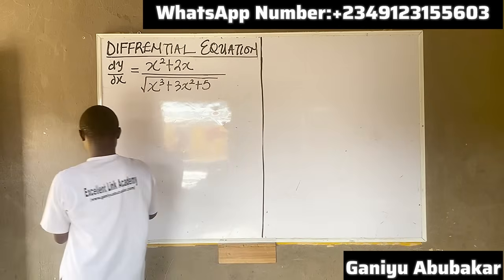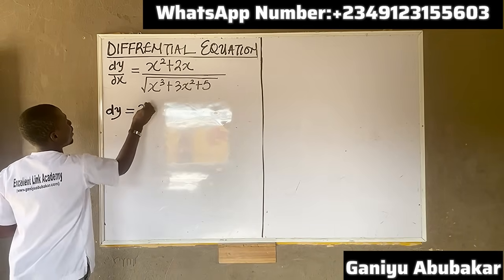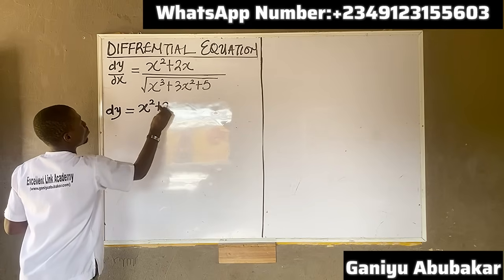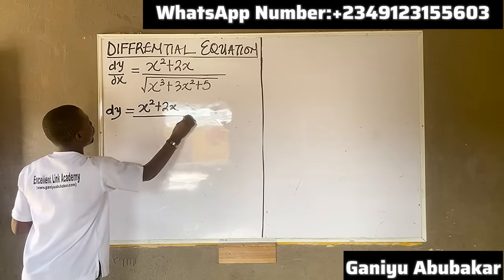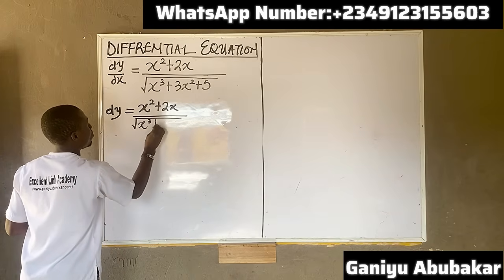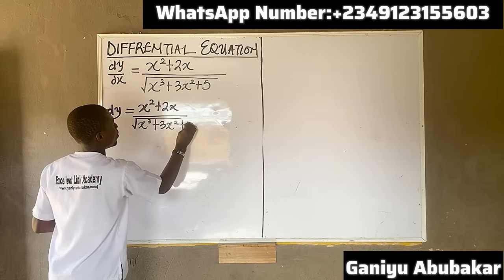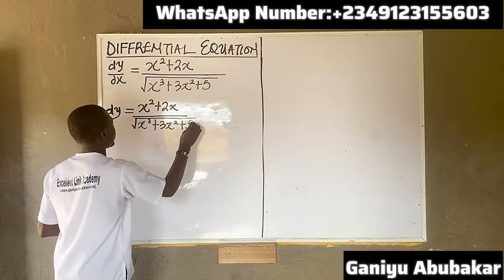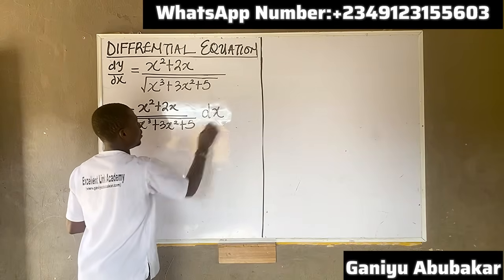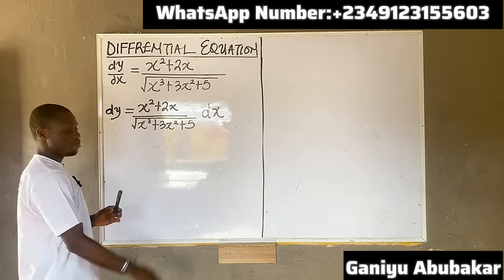So that gives you dy equals x squared plus 2x all over the square root of x cubed plus 3x squared plus 5. Of course, attach the dx here. So take this dx here. That gives you the dx this way.